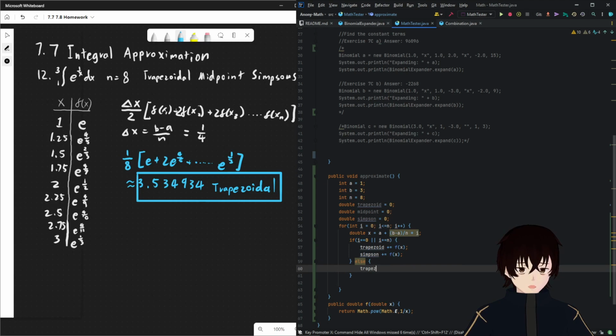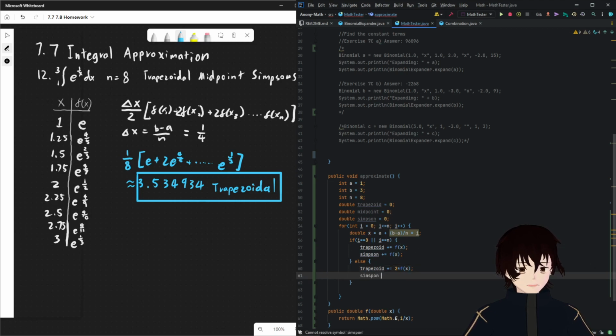Otherwise, trapezoid is going to be equal to 2 times f of x. And Simpson is going to be equal to... we will need another else here. We need another if statement.